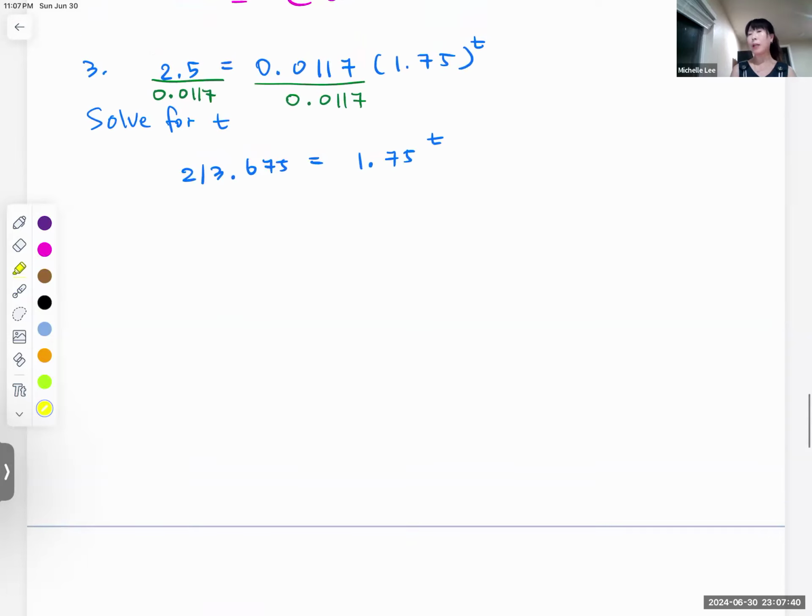So in order to bring down the power, we have to take the natural log of both sides.